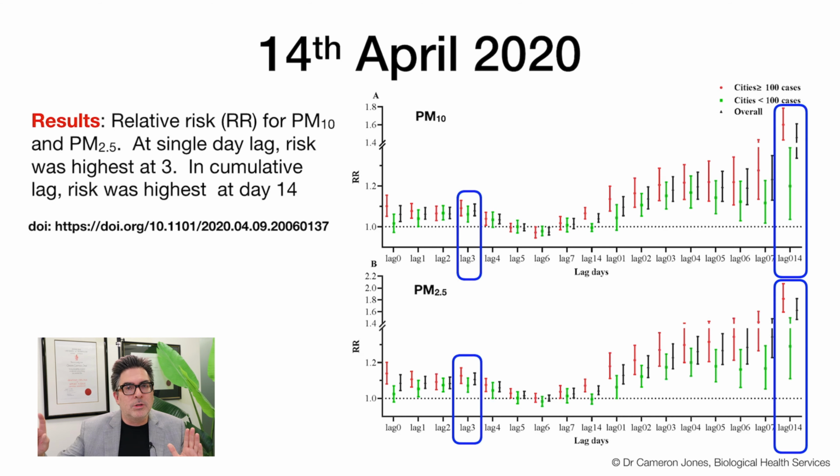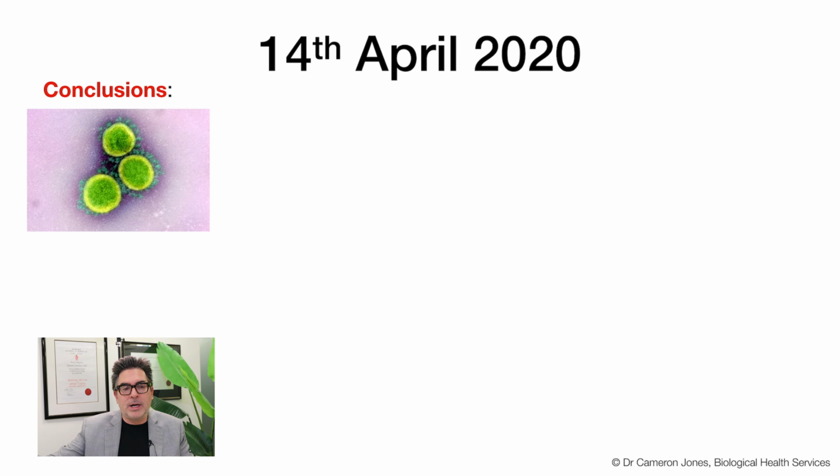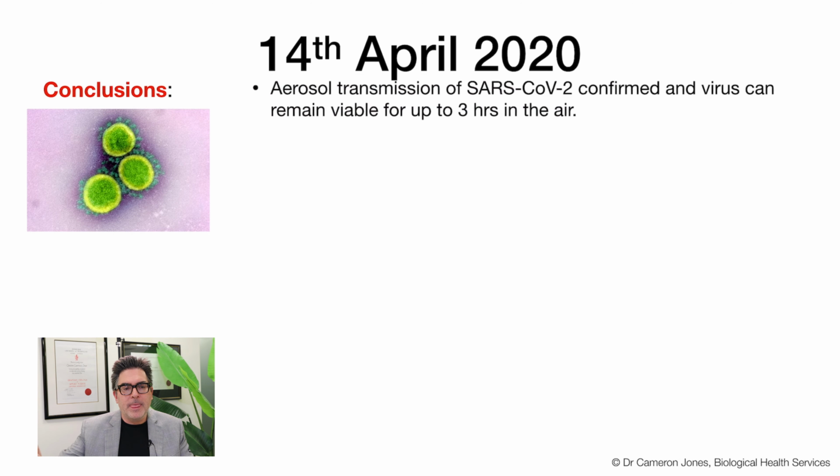And this is really dynamite research because it is linking the problem of air pollution with an increased susceptibility to getting the illness caused by the virus. Now, what else were these authors able to conclude? That aerosol transmission of the virus was confirmed, and in their paper, they repeated some often quoted statistics that the virus can remain viable for up to 3 hours in the air.